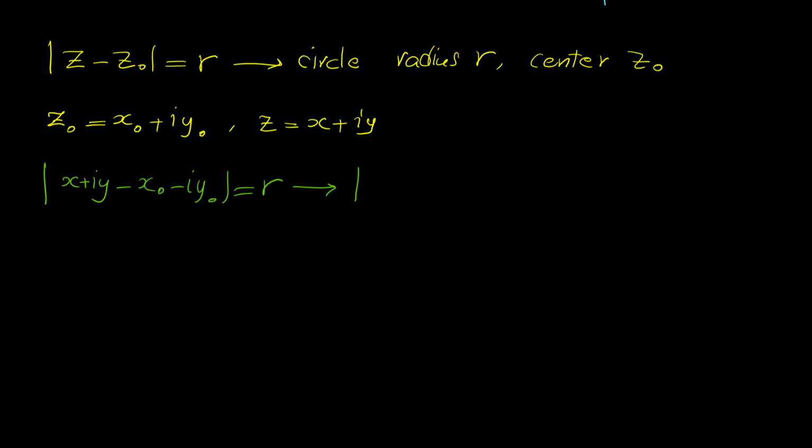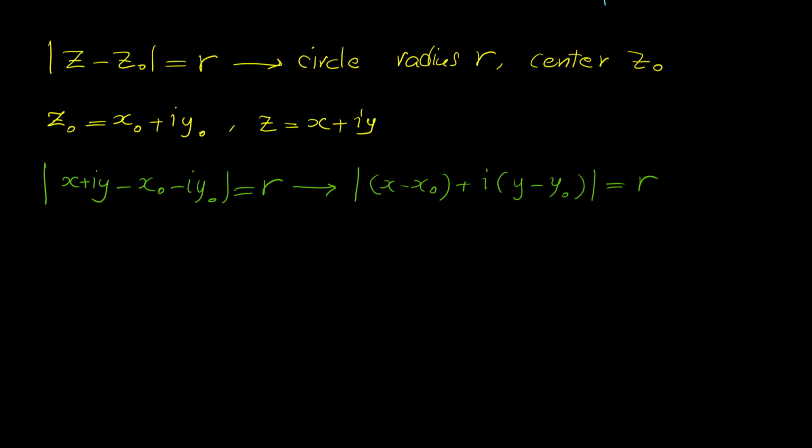We can write this equation in the form of x minus x0 plus i times y minus y0 equals r. Attention, we group the real parts together, x minus x0, and then we factored i to group the imaginary parts together. This should be clear how from that equation we got this equation.